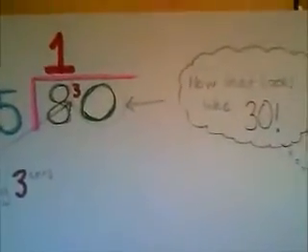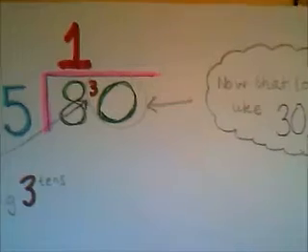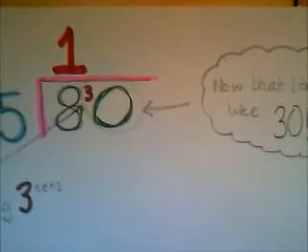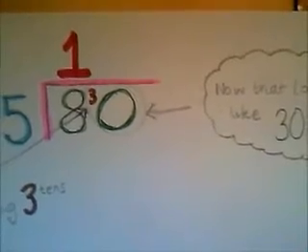We started with the 10s, we're done with the 10s, now we're ready to go to the 1s. And it's not just 1s because we had 3 10s remaining. 3 10s together with the 0 1s is 30. So, I still have 30 left to share.